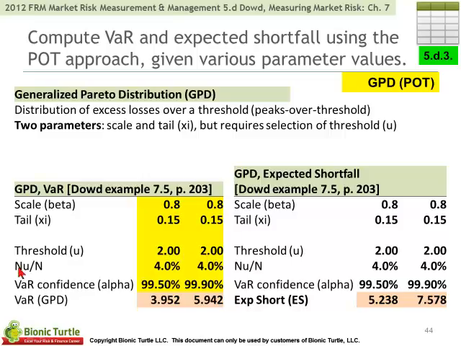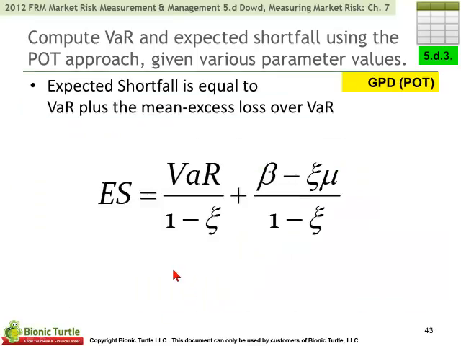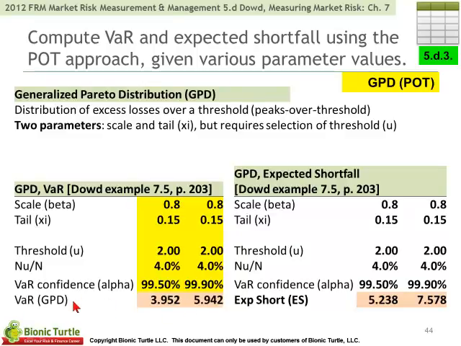Then we do need the number of losses above the threshold as a percentage of the total data set. So that 4% here is a pretty focused look on the extreme losses. Then there's the confidence level. And then applying the formula that we just looked at here to compute, notice both a VAR, so that's a VAR assuming the generalized Pareto distribution, characterizing the peaks over threshold approach.